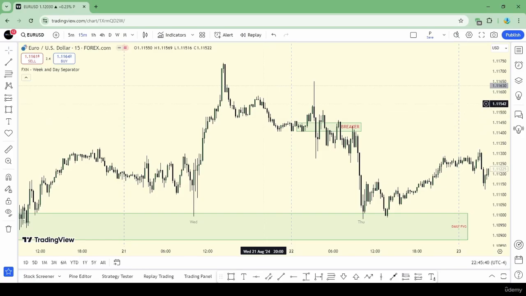Then in the 15 minutes, we have to look for a market structure break or a situation where the market runs buy stops, because in this example this is a sell setup. The one I showed you in the diagram was a buy setup. So we'll look at both sides.